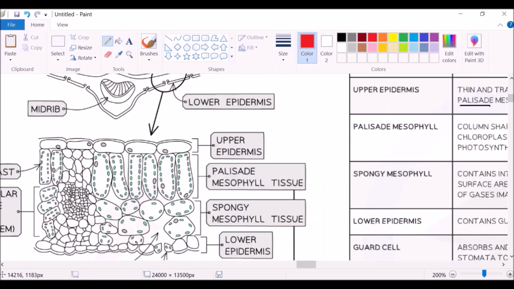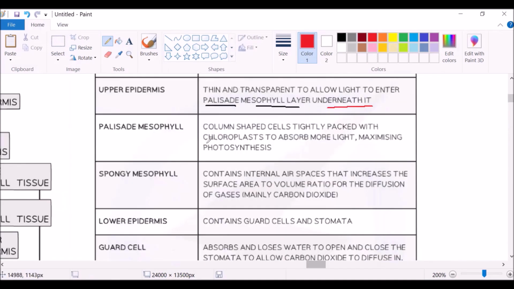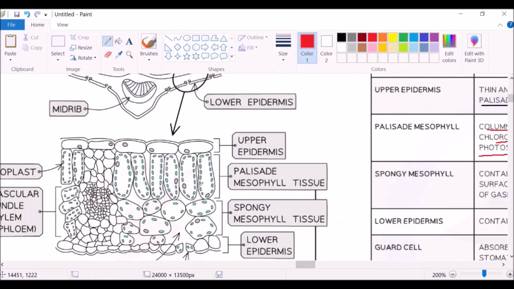Then we have the palisade mesophyll tissue, or a layer of palisade mesophyll cells. These are column-shaped cells that are tightly packed with chloroplasts to absorb more light, maximizing photosynthesis. Then below the palisade mesophyll tissue, we have the spongy mesophyll tissue.